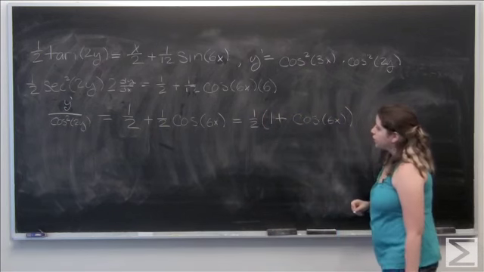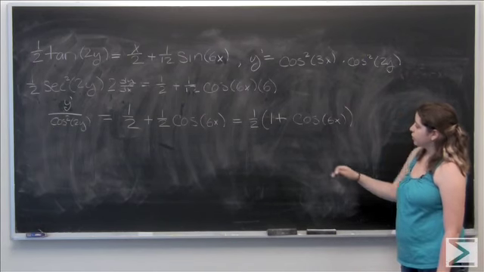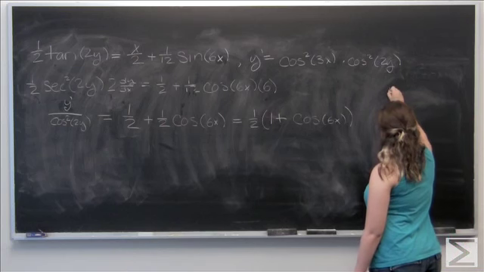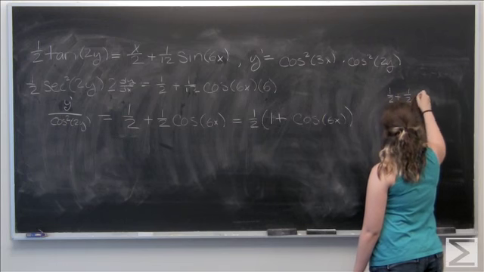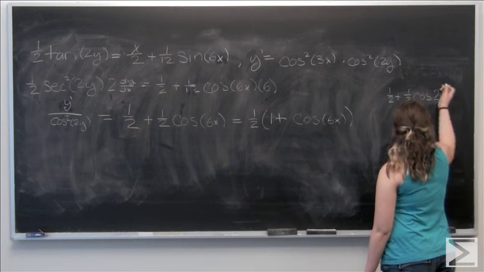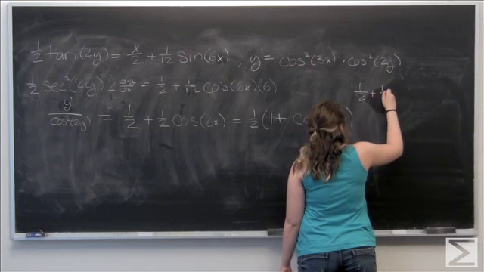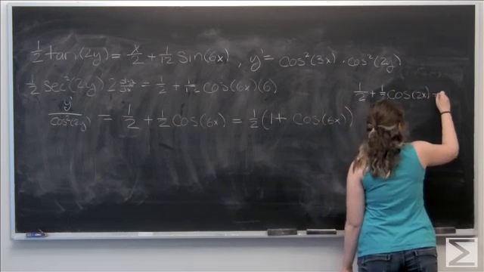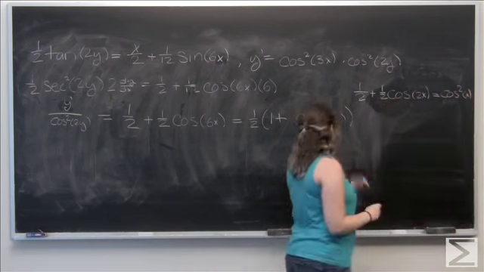Okay, so there's a trick here you need to know, which is a formula that says 1/2 plus 1/2 cos(2x) is equal to cos²(x).